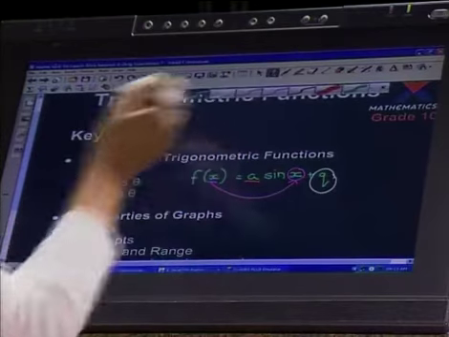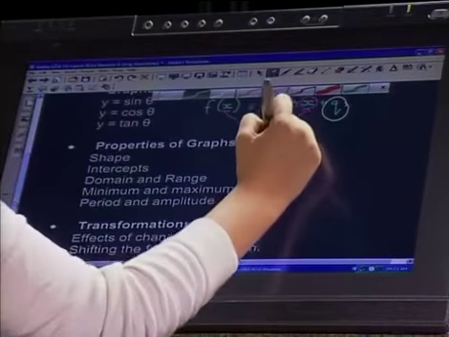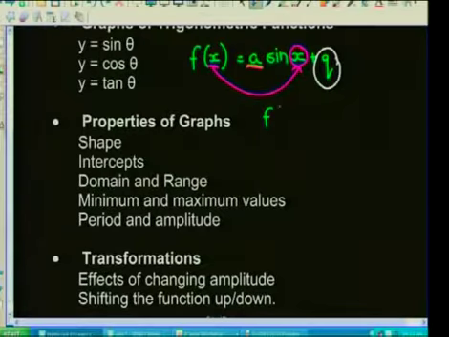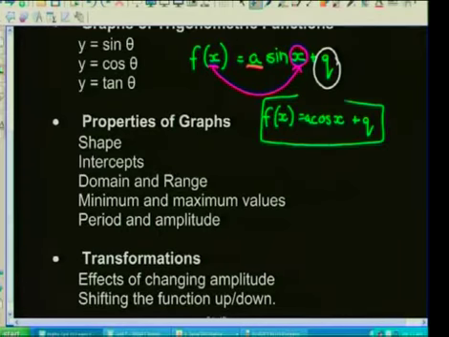So again, we're going to put here that our standard we would write as f of x is equal to, and I'm going to use one of the other functions, a cosine of x, and that must be an x now. Okay, remember our a plus q, and this is what we call our standard function.